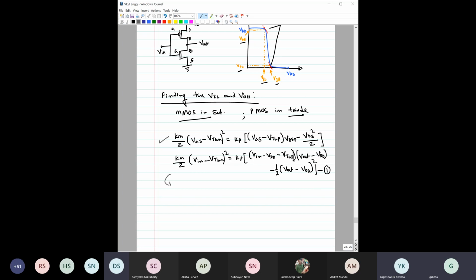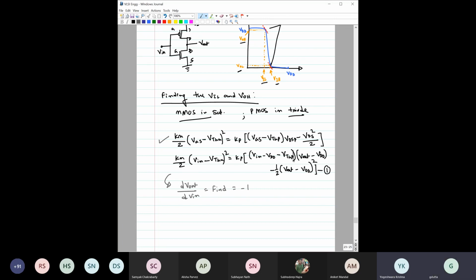Second, you have to find dV out by dV in, which gives the relation between V out and V in. Once you have found this dV out by dV in, make it equal to -1, and there you will get another relation between V in and V out. So now you have two equations.